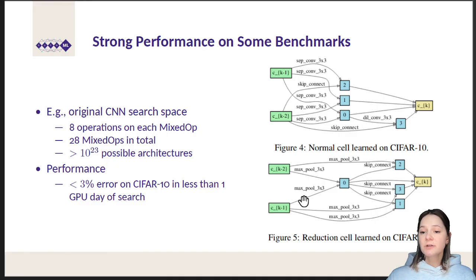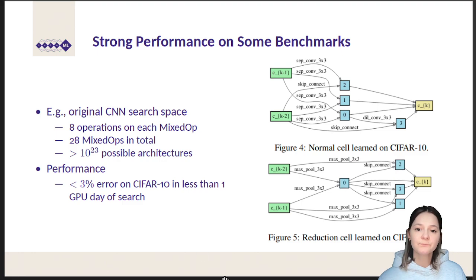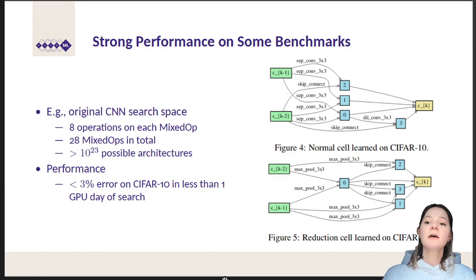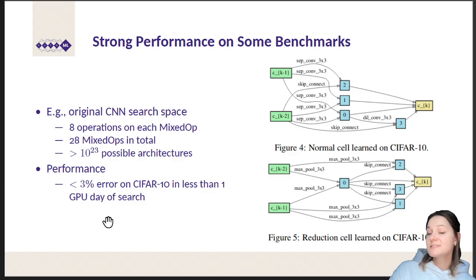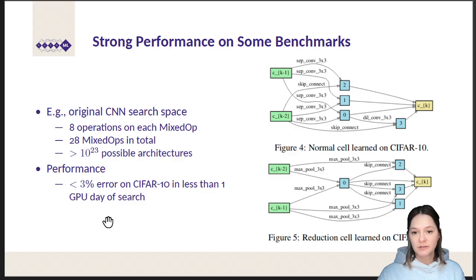And then we have a reduction cell, which reduces the spatial resolution, which is mostly defined by skip connections as well as pooling operations. And what is kind of nice is that these 2 cells which were found using DARTS lead to an error less than 3% on CIFAR-10 in less than 1 GPU day of only search.